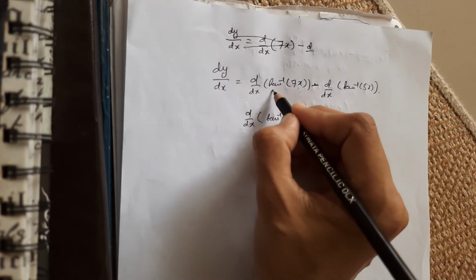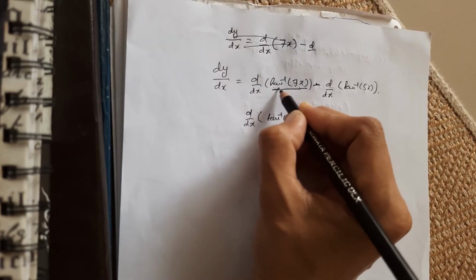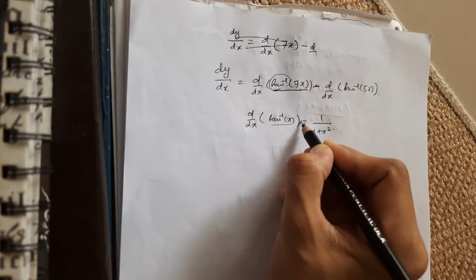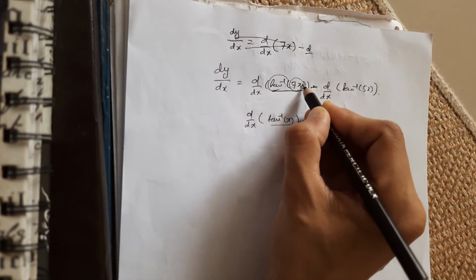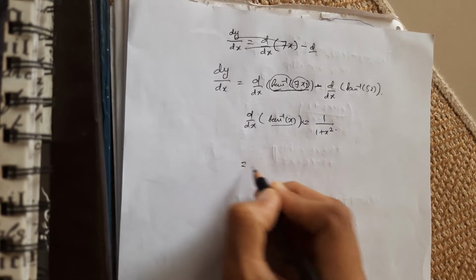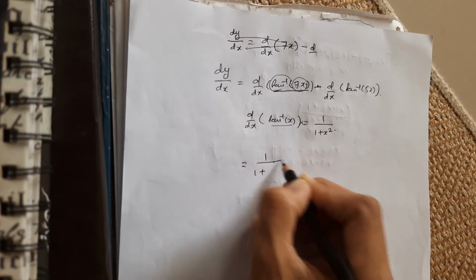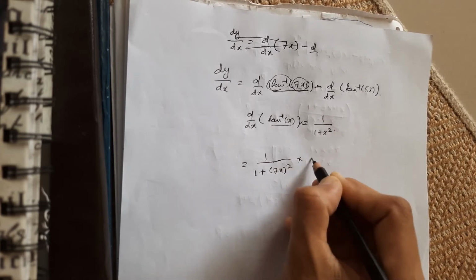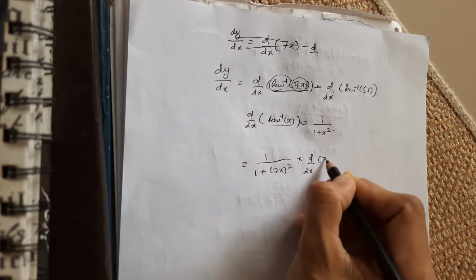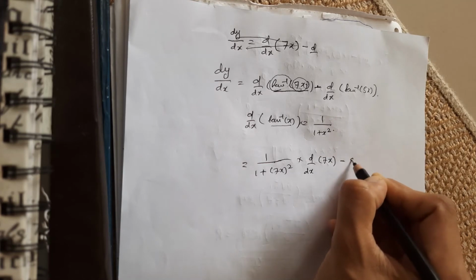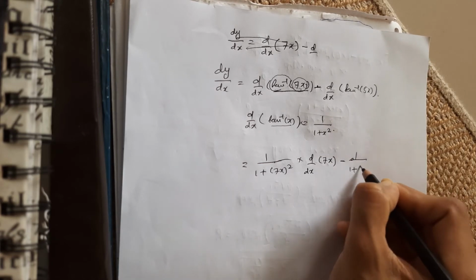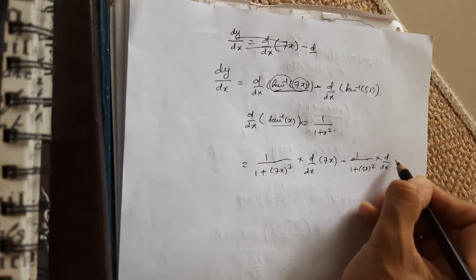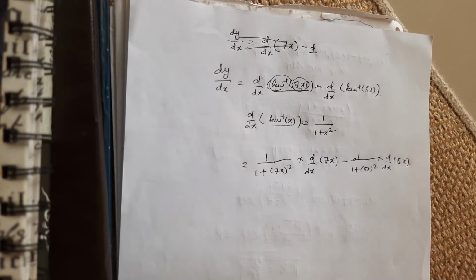Okay, now this is the composite function. So first I will take the derivative of tan inverse of x by using this standard formula, multiplied by the derivative of this internal function. So I will get here 1 upon 1 plus (7x) square into the derivative of 7x, minus 1 upon 1 plus (5x) square into the derivative of 5x.